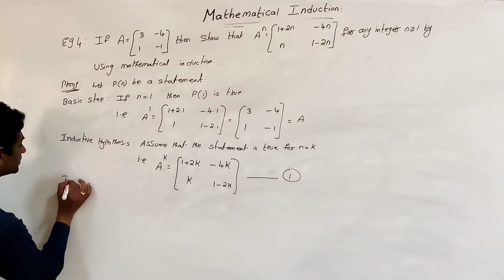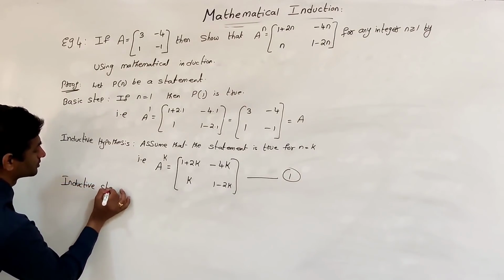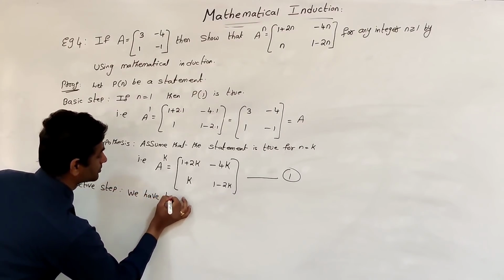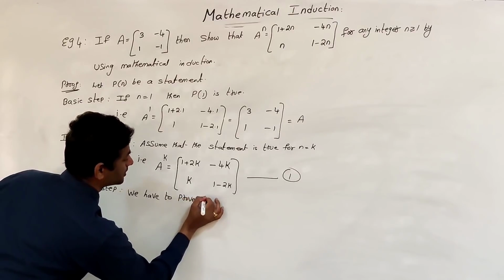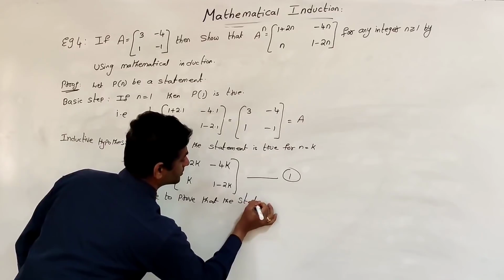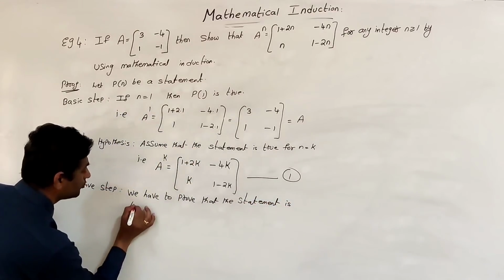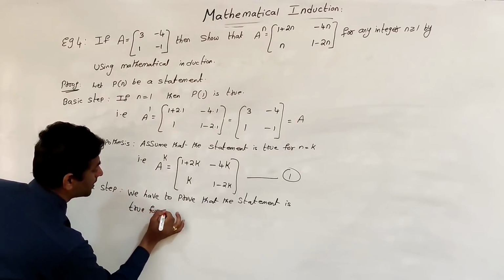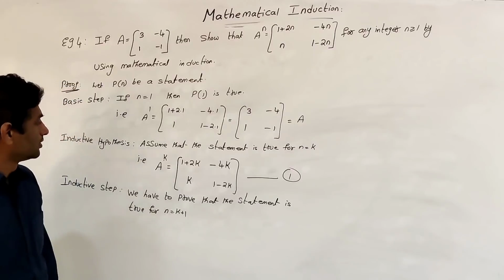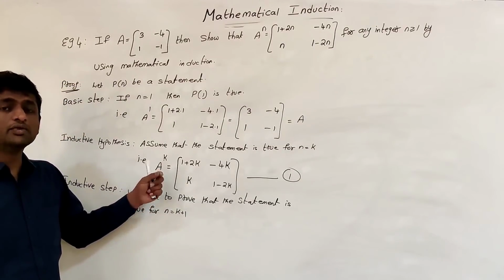Inductive step. We have to prove that the statement is true for n is equal to k plus 1. That is, we have to go for A to the power of k plus 1.